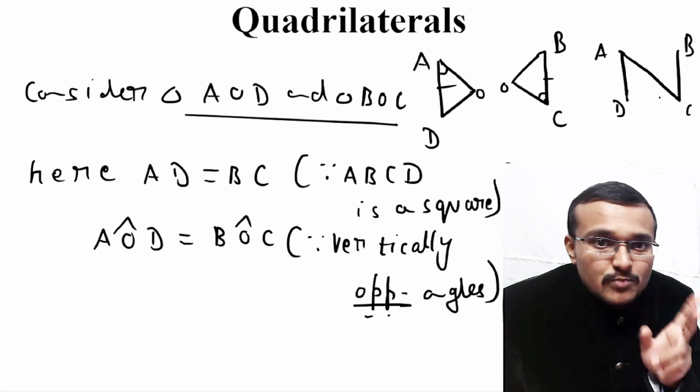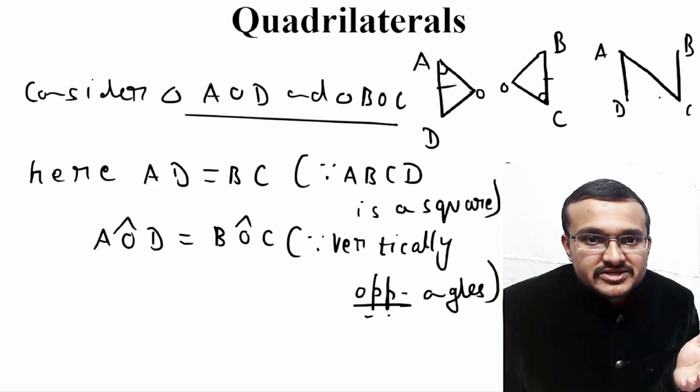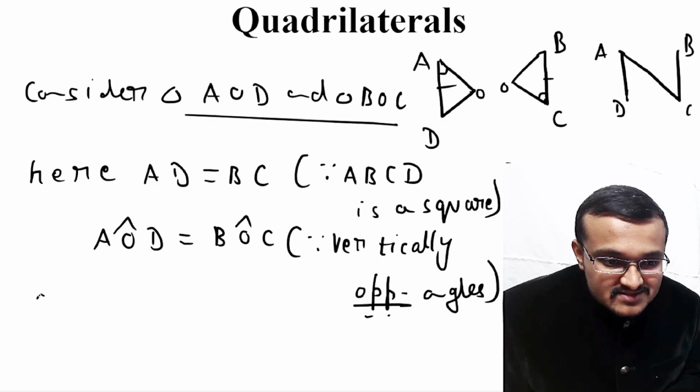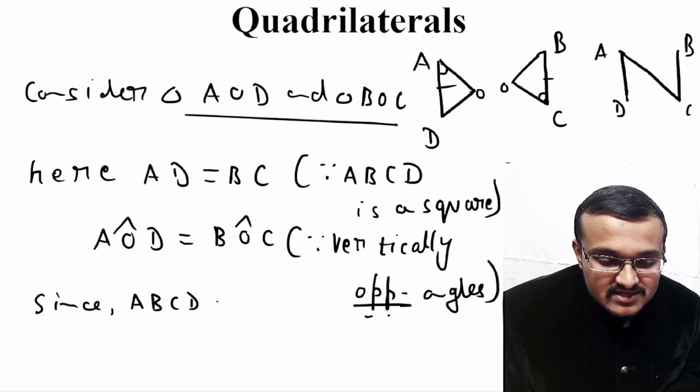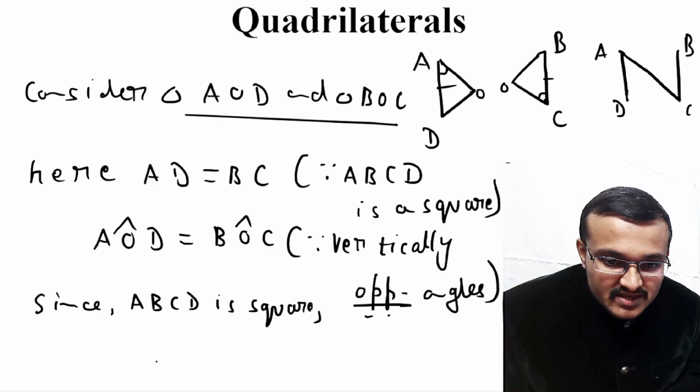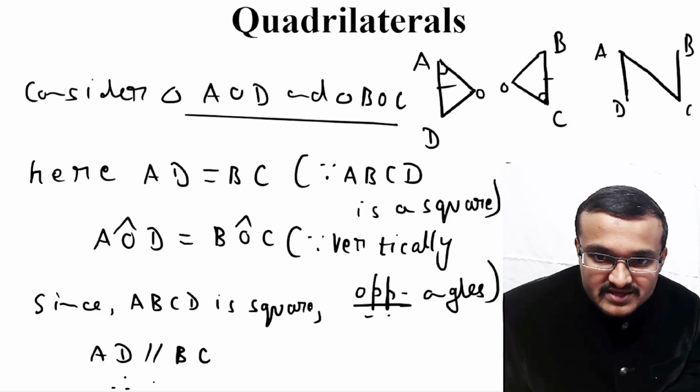In a square, opposite sides are parallel to each other. Since ABCD is a square, AD is parallel to BC.